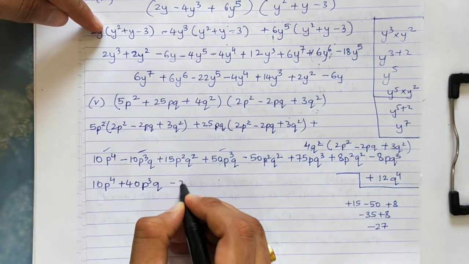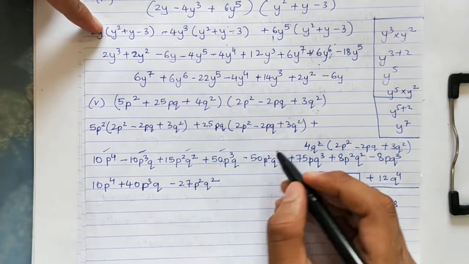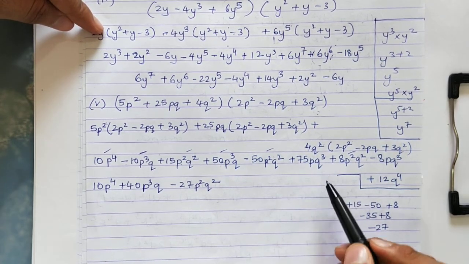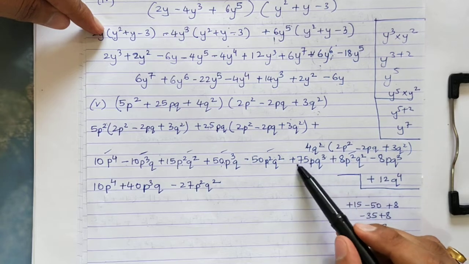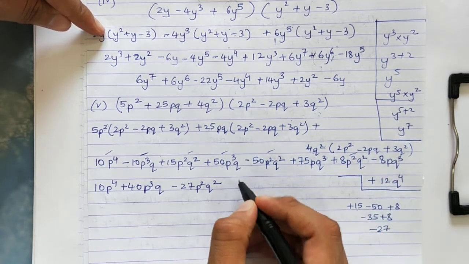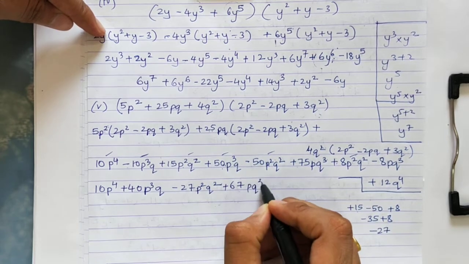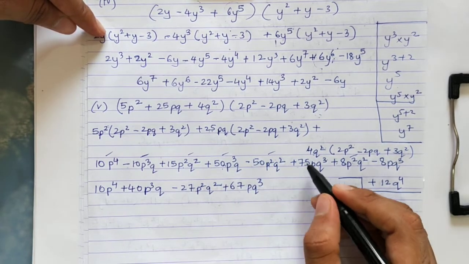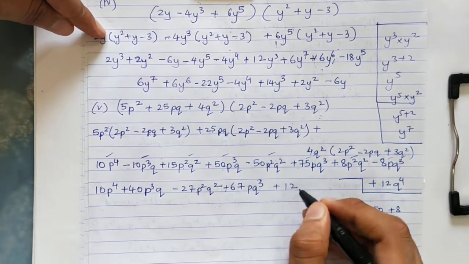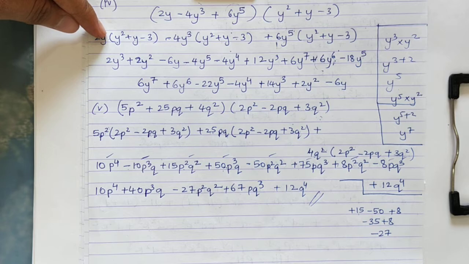So I will have minus 27 p square q square. Now pq cube: 75 pq cube minus 8 pq cube, 75 minus 8 is 67 pq cube. Now last is 12q4, so I'll copy it, plus 12q4. This is the answer.